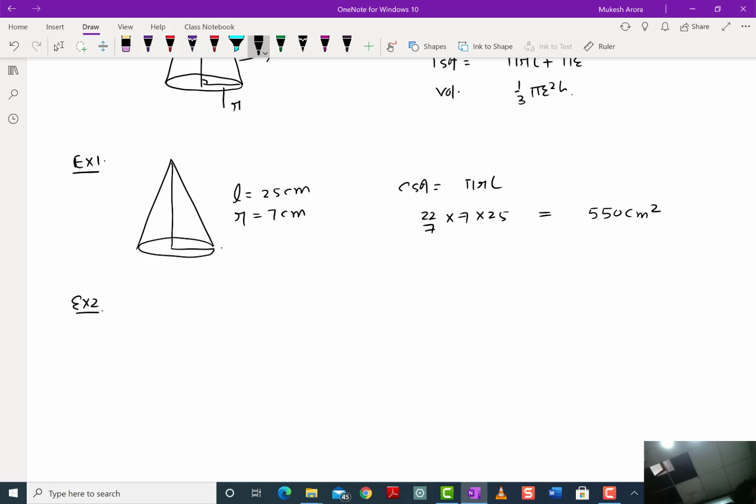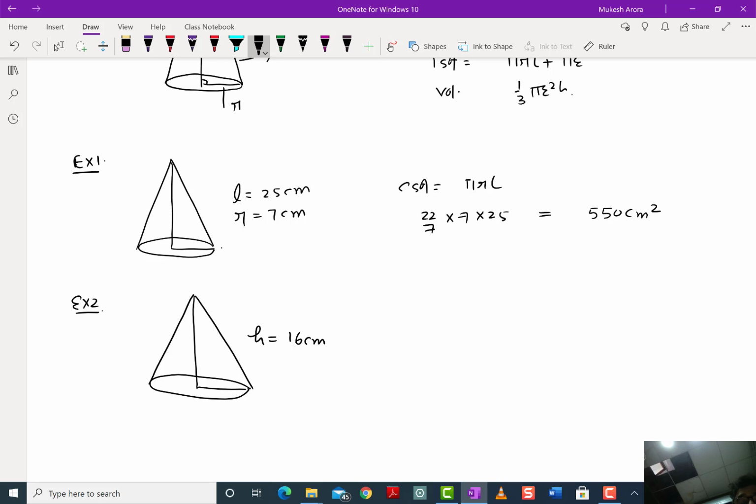Example 2. The circumference of a base is 33 meter and the height is 16 meter.